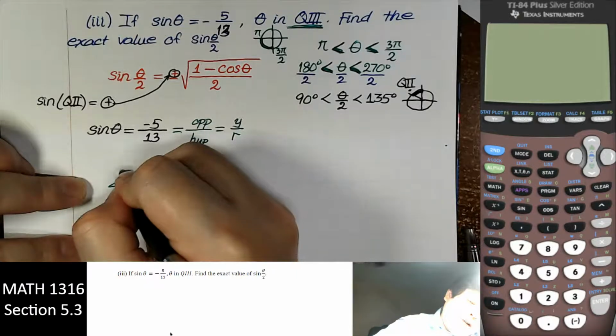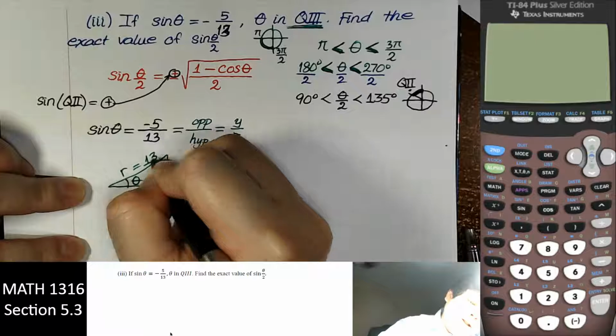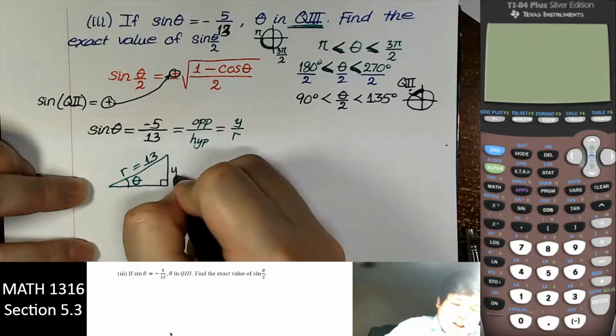So r is always positive, and y is negative 5.